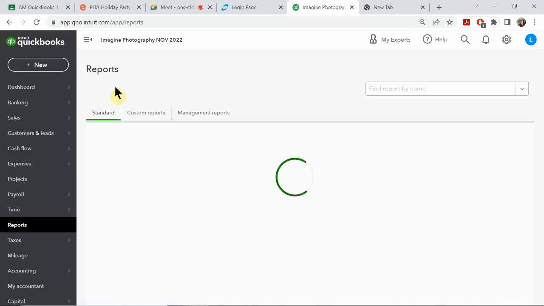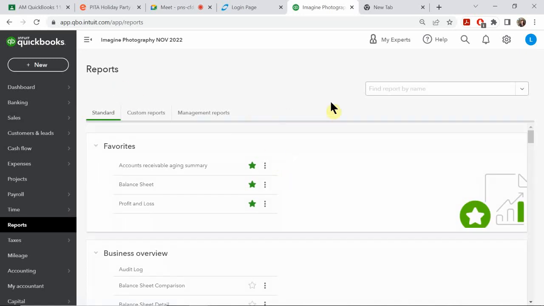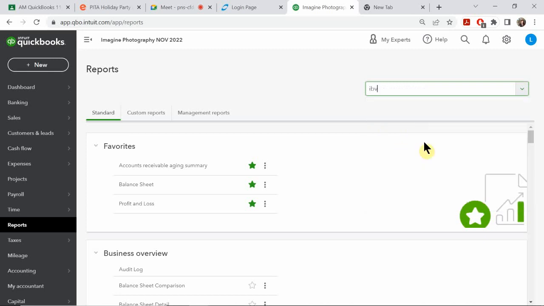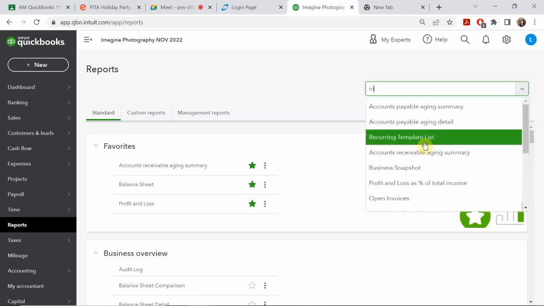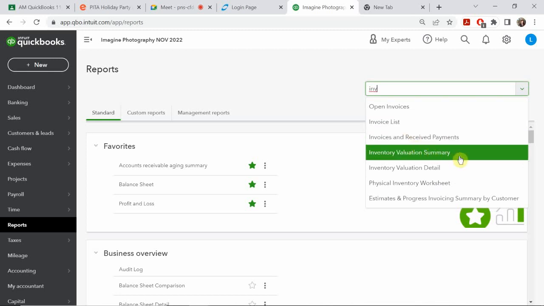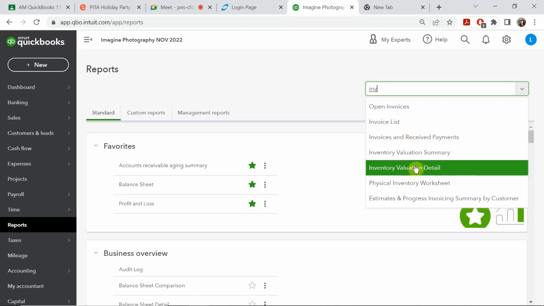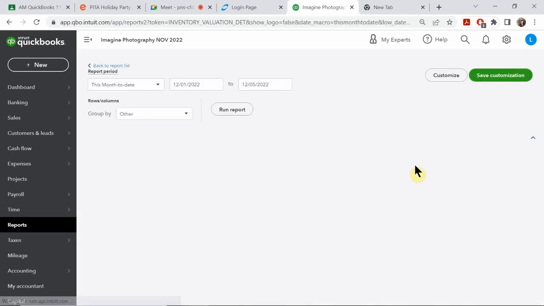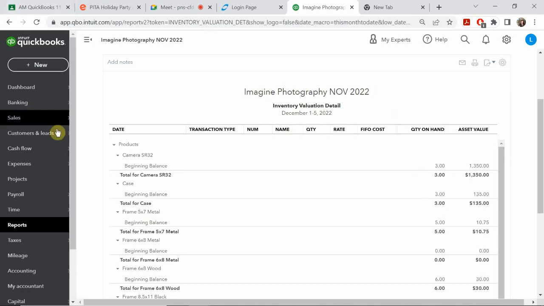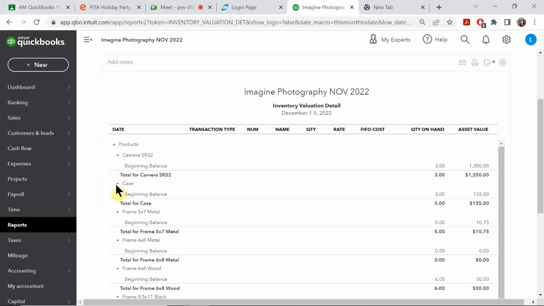So once again, let's take a look at the other 2: the inventory valuation summary and the inventory valuation detail. Okay, so inventory valuation. Let's do the detail first. This is going to give you a track record of the value of your inventory. It's going to show you what you had available, right, for the camera.